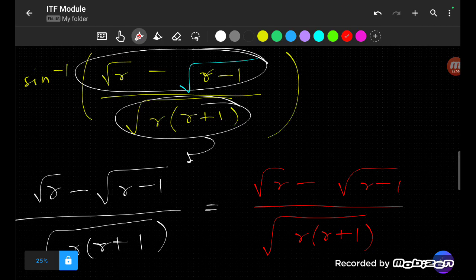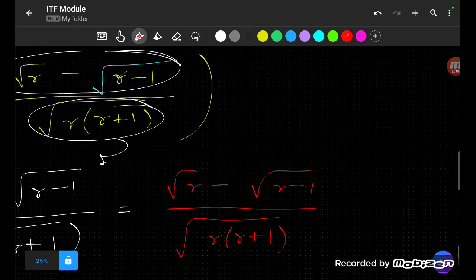But again, the whole point is how do you just find something that works? We have under root r square plus r. Creating something.